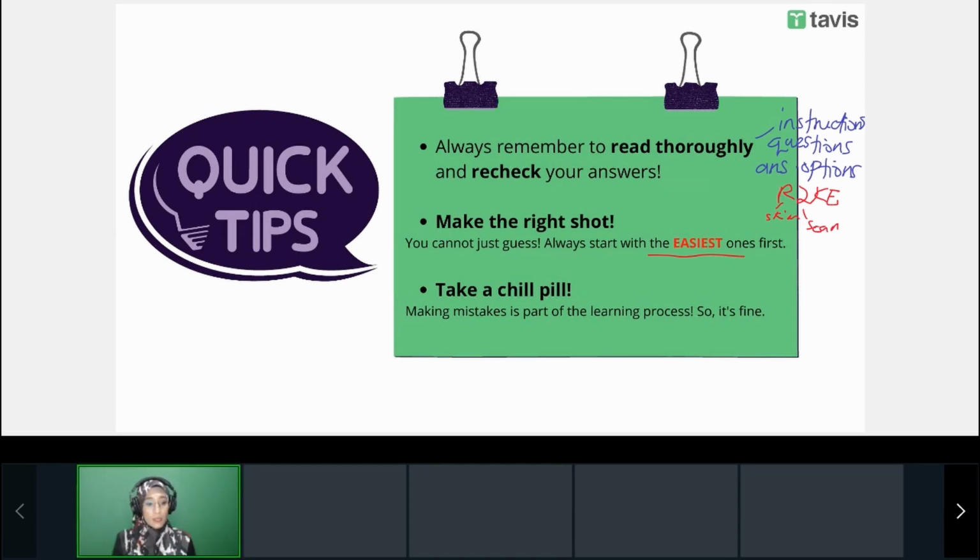So chill for a while if, let's say, the questions are very hard, because we all do not know how the questions will be for your SPM this year. The Lembaga Peperiksaan says that there will be a few changes. So whatever I'm doing for paper one, for all the parts, these are just for you to know how to tackle the questions.